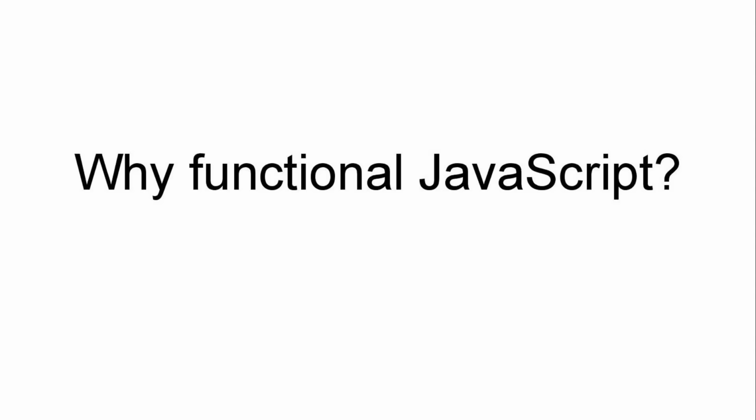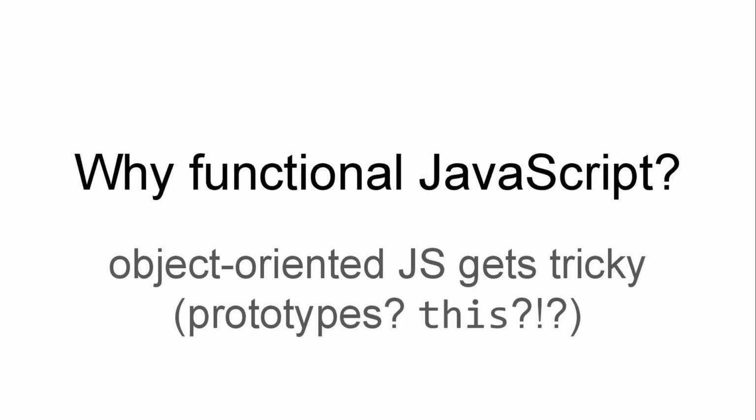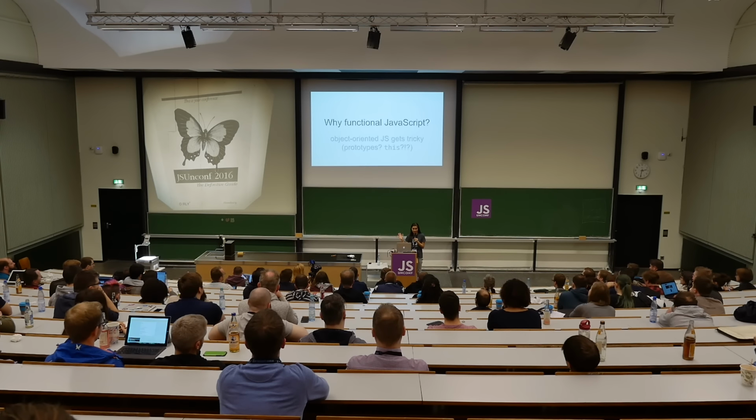So why do functional programming in JavaScript specifically? Well, I don't know about all of you, perhaps more experienced JavaScript developers, but when I started learning JavaScript, having had some object-oriented programming experience with Java, C#, that kind of thing, I found object-oriented JavaScript super confusing. Prototypal inheritance, how does that work? The this keyword, how many of you, quick show of hands, have ever run into a bug or a problem or something unexpected with this doing something? Yeah, exactly, right?